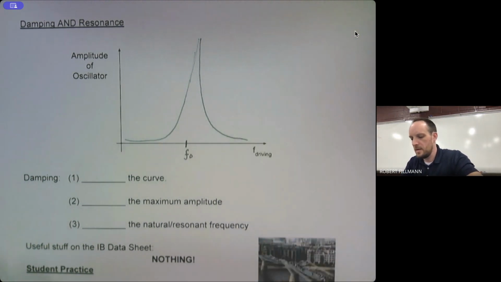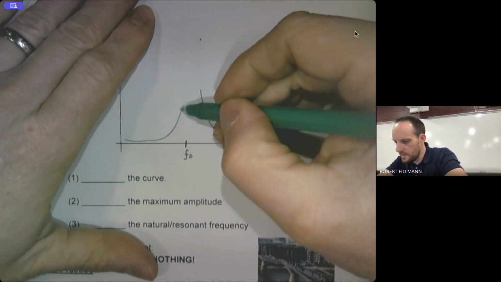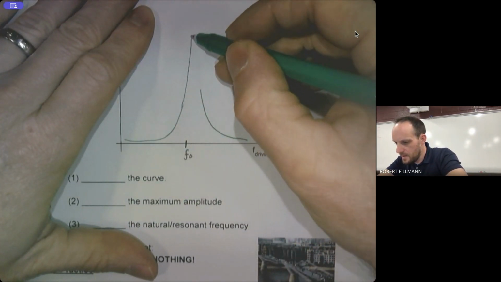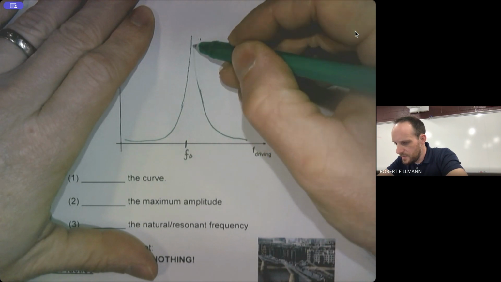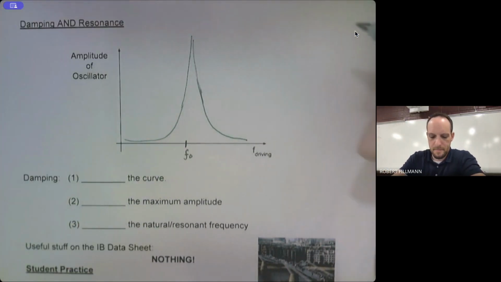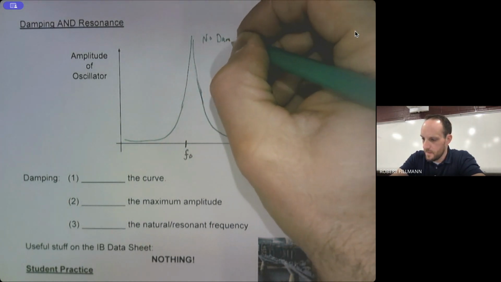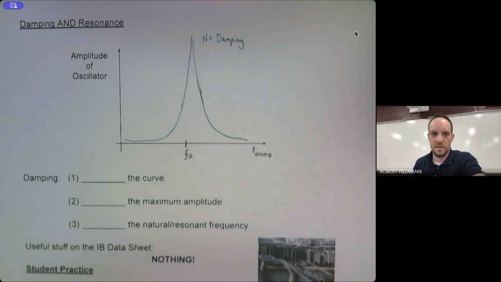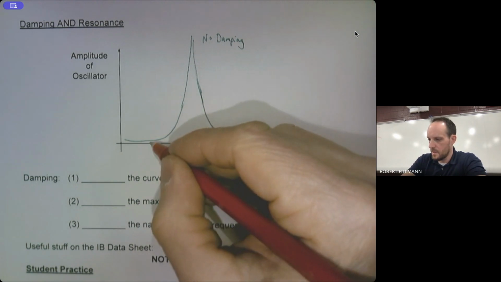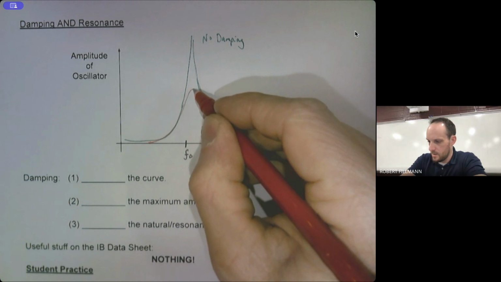Okay. And what I need to do is center this peak above the f naught. I don't know how well I drew that there. Let me go a little bit better. There we go. So this would be, we'll say, no damping. A perfectly frictionless oscillator that's being driven. And then when we start to add some damping to it, we start to get a curve with a set peak.